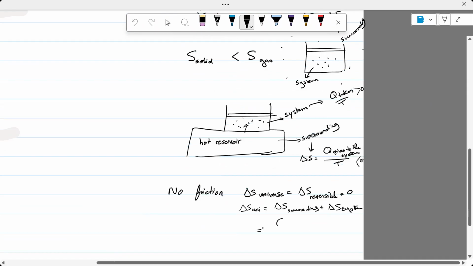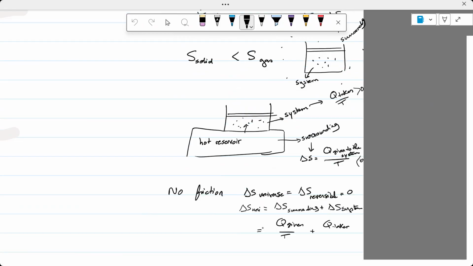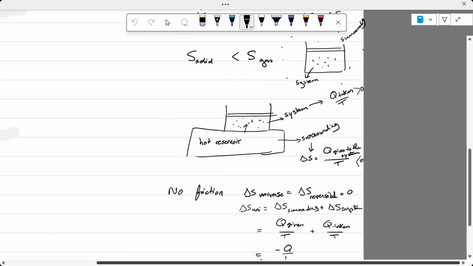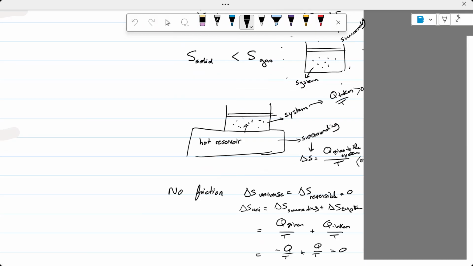You can see how this was Q given over T plus Q taken over T, which is minus Q over T plus Q over T, which is 0 again. You can see how I got back to a 0 for my answer, right? Because whatever the hot reservoir has given to the system has been taken. So it's equal amounts of heat if I'm considering no heat dispersion, no heat loss, and no frictional forces. So there's nothing given to the surrounding except what the hot reservoir has given to the system. Does this make sense?